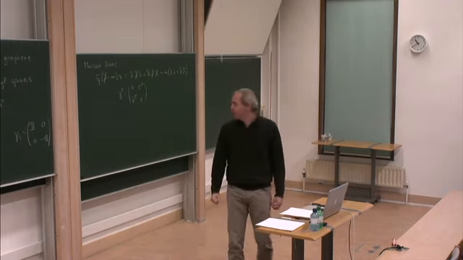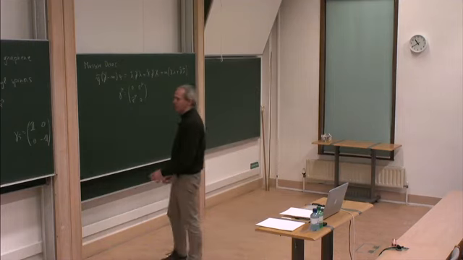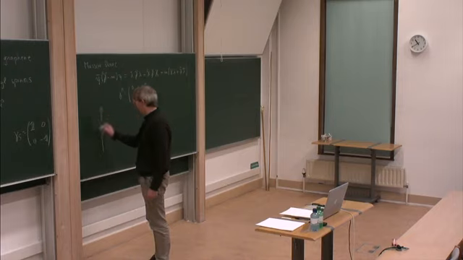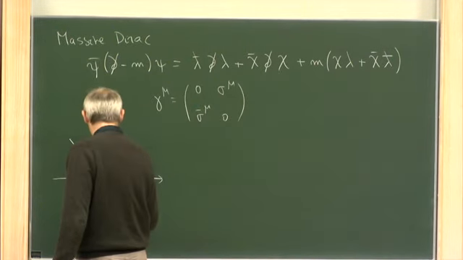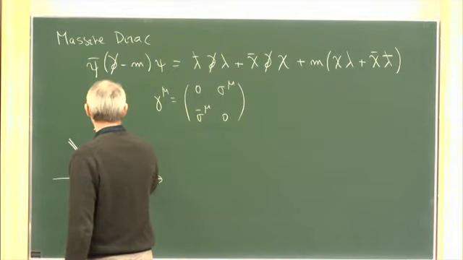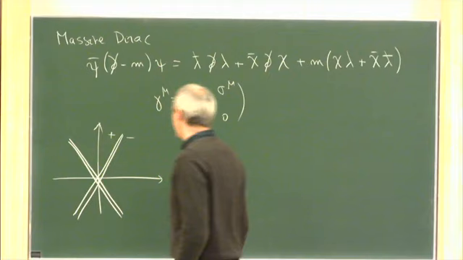Good. So if you think in terms of these Dirac fermions, you actually get 2 copies of Weyl fermions, and so that means that you have 2 Weyl cones, one for each of the chiralities. Let's say the plus and the minus, or the lambda and the chi, if you want.